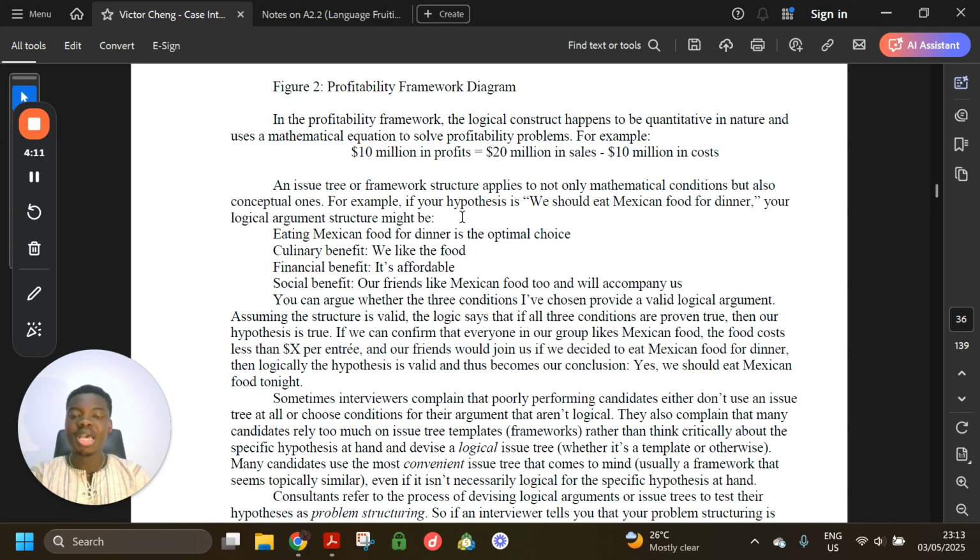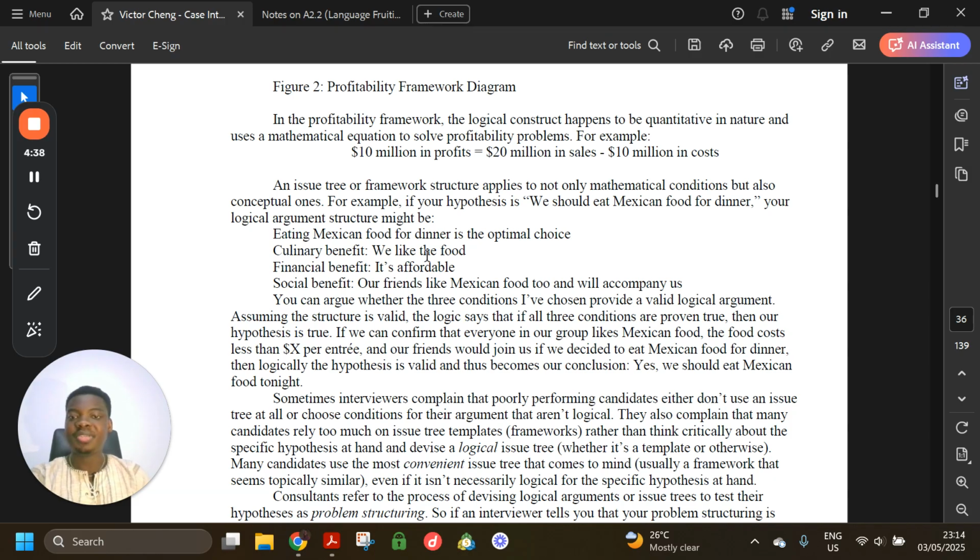As an example, and to introduce the fact that an issue tree doesn't always have to be about numerical situations or mathematical conditions, you can have a hypothesis that we should eat Mexican food for dinner tonight. And the logical argument structure would be eating Mexican food for dinner is the optimal choice.